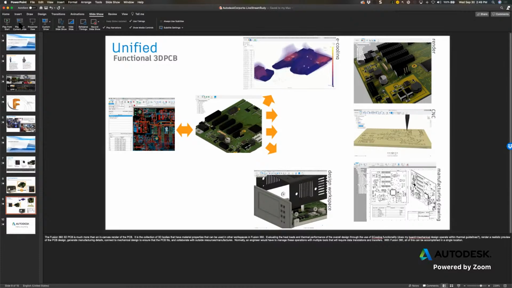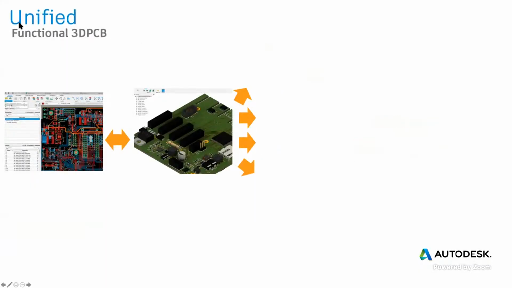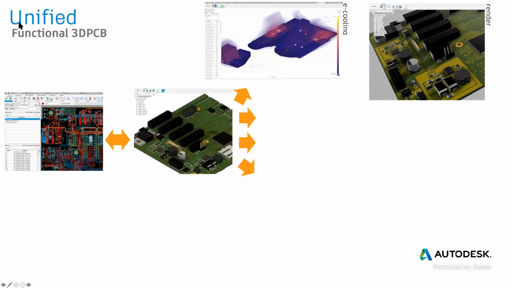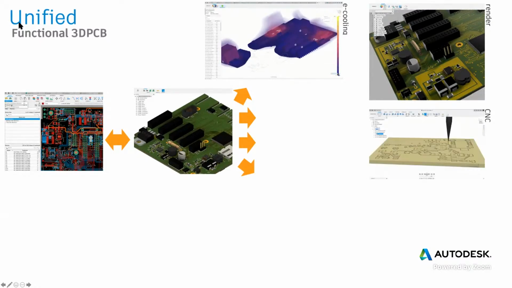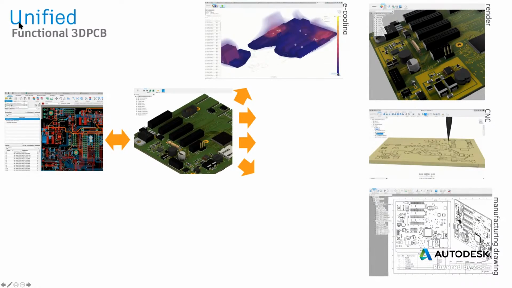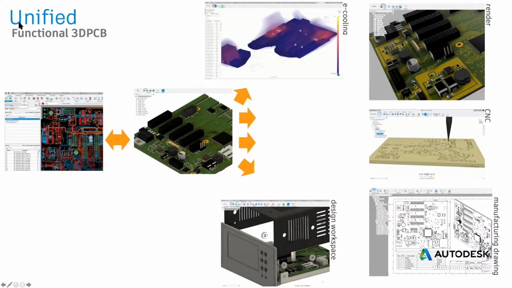Remember, you could do e-cooling, you could do rendering, you could drive your CNC machine, you could create your manufacturing drawing, as well as insert that PCB into an existing enclosure. That way you make sure it actually fits virtually as well.